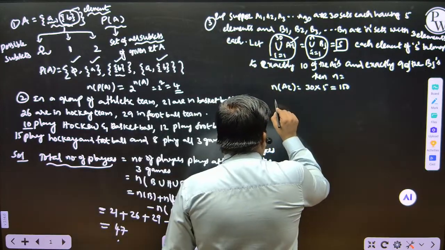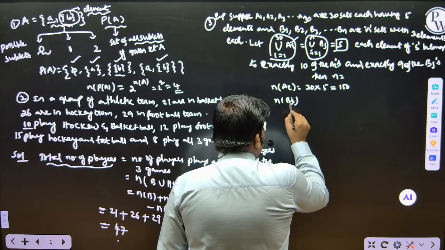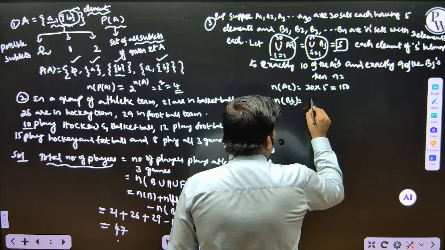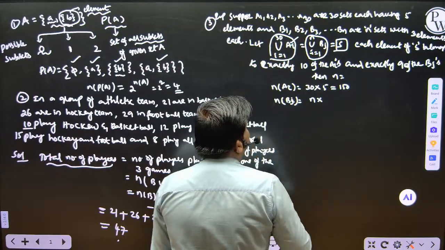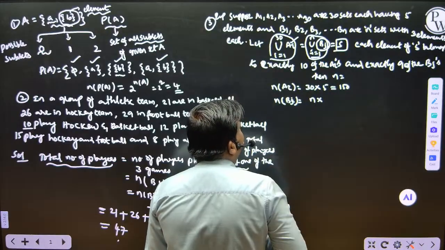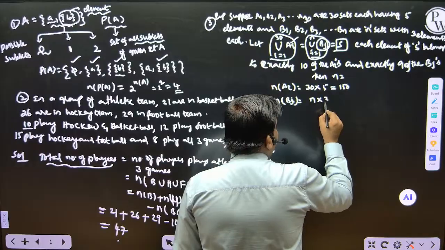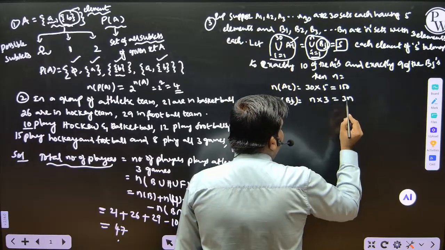Next, the number of elements in the Bj's. We have a union of n sets, and each set has 3 elements. That's why it has 3n elements.